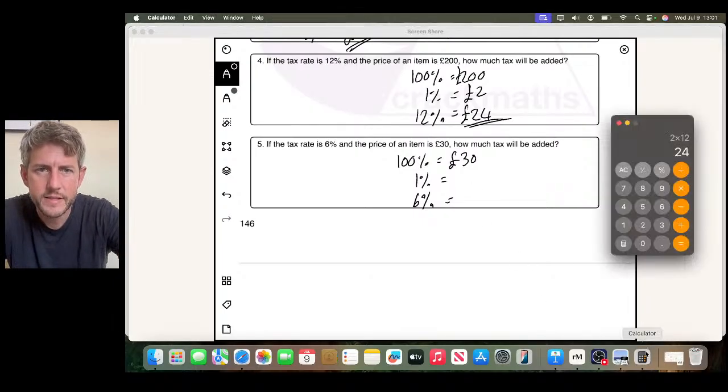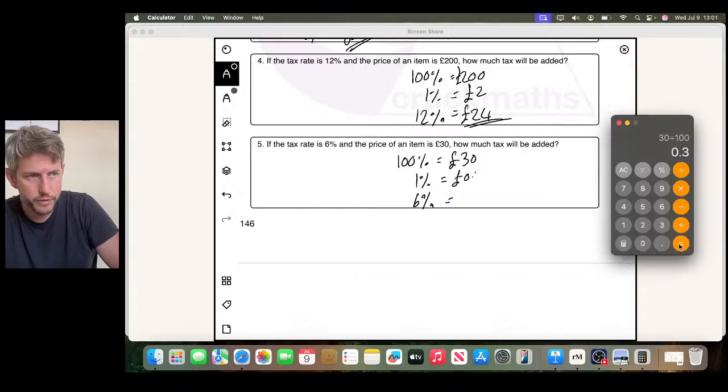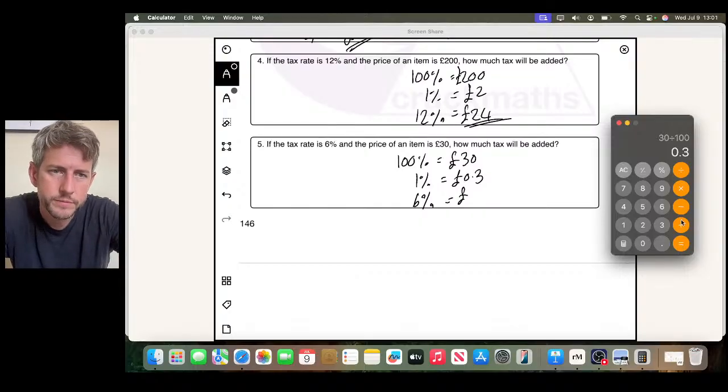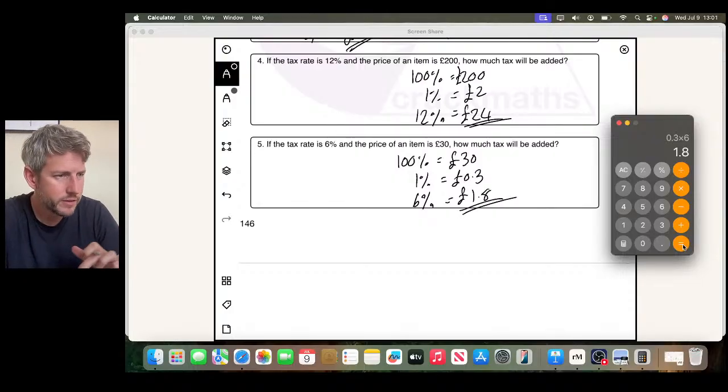Get the calculator. So we've got here 30 divided by 100 gets us the 1%. So that would be £0.3. And then times this by 6. And that'll be £1.8. Okay, right.